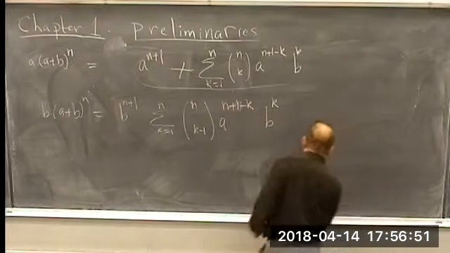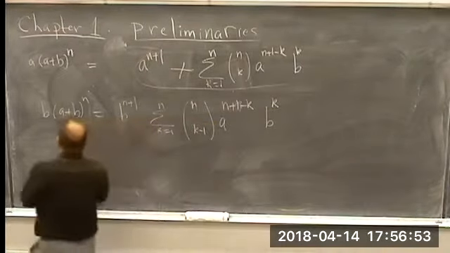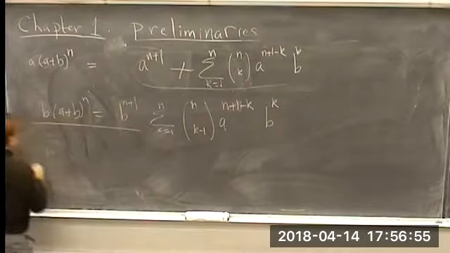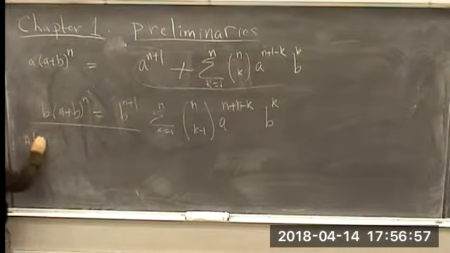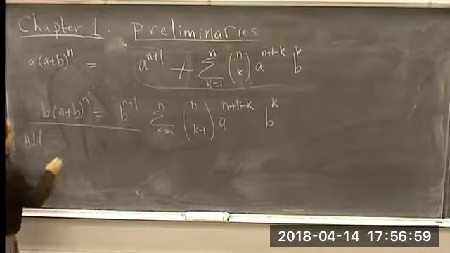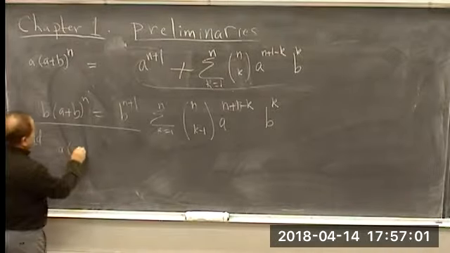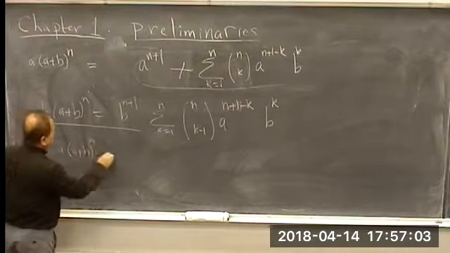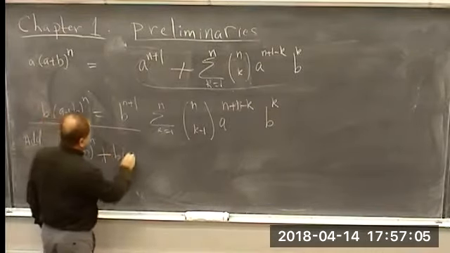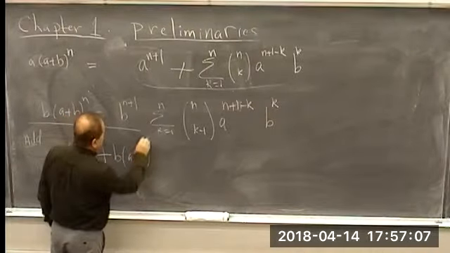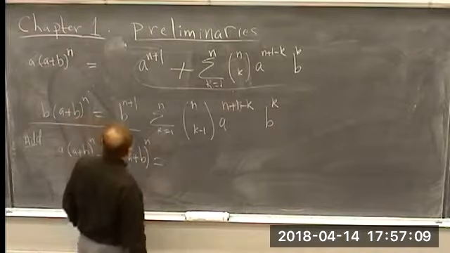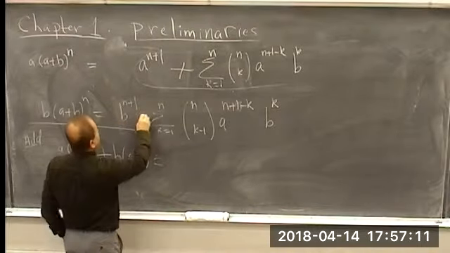We're almost there. All we have to do now is add these two. So we're going to add both sides. This side becomes a plus b to the n, times a plus b, which is a plus b to the n plus 1. And this is equal, there is a plus sign here, so we need a plus sign.